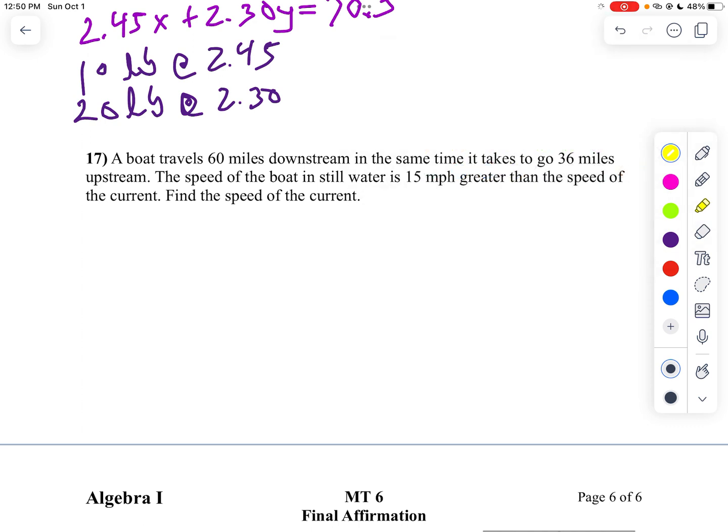And what happens is it says the speed of the boat in still water is 15 miles greater than the current. So in other words, if I write this out, my speed of my boat in still water is going to be 15 miles plus the current. Now, how about if you're going against the current?